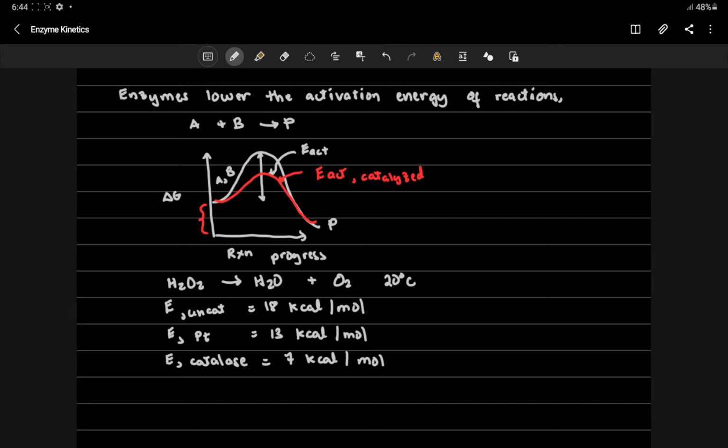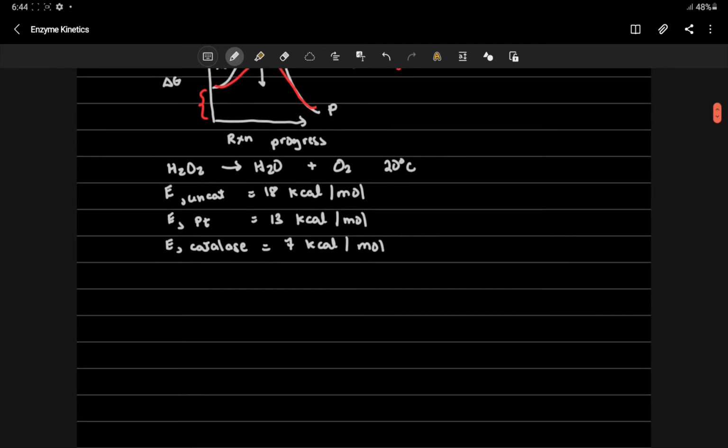So, the speed of enzymatic reactions, or the speed of any reaction in general, okay, is governed by what we call Arrhenius law. So, si Arrhenius law, it looks something like this.